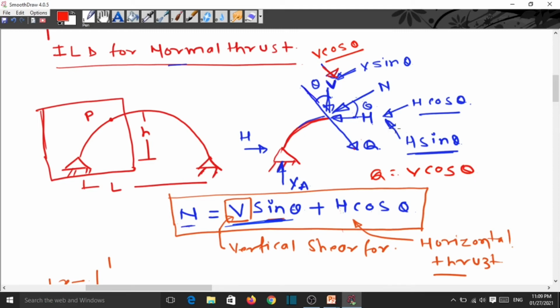Then this is the horizontal reaction. It is in the opposite direction. Now the positive direction of the Q is downward, and this is upward. That is why it is called minus H sin theta.